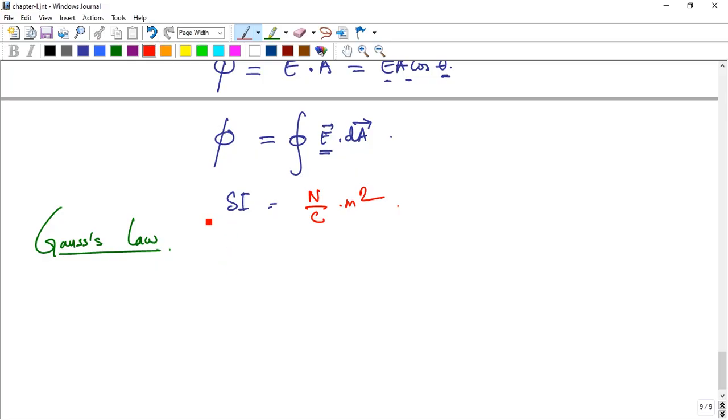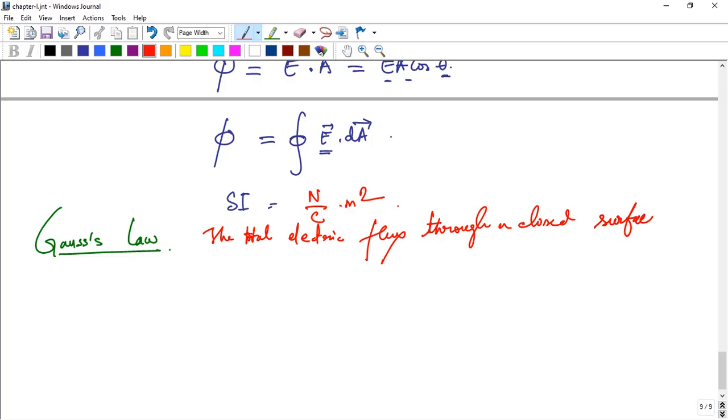The total electric flux through a closed surface is equal to 1 by epsilon naught times the net charge enclosed by the surface.